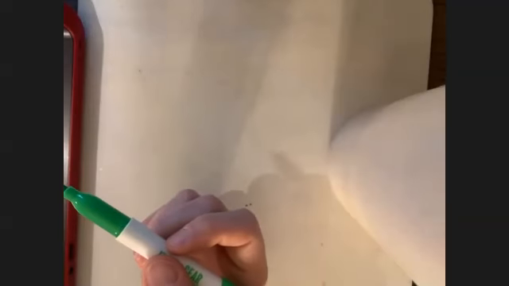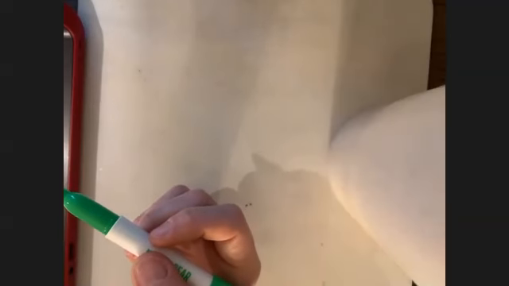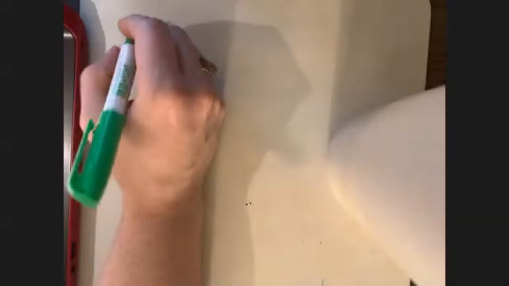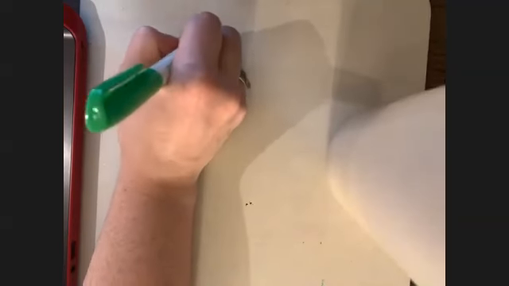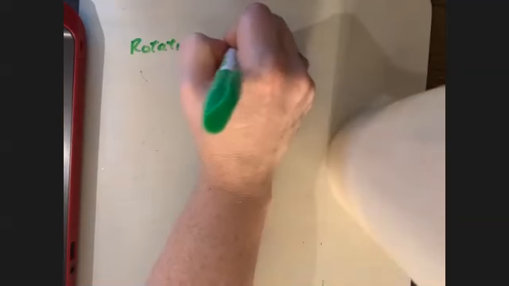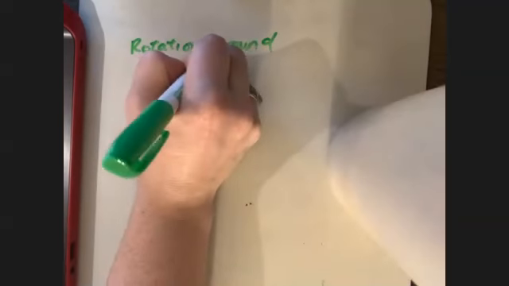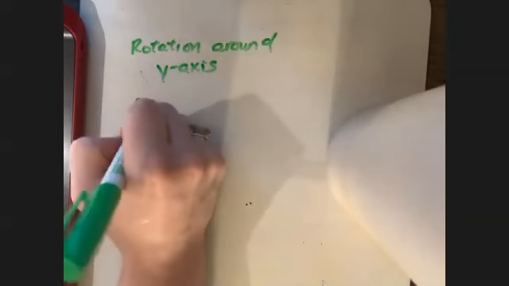If they decide to spin around the y-axis or a line like the y-axis, then we have to change up our setup. So for rotation around the y-axis, we're going to integrate from c to d, and they're just picking different letters.